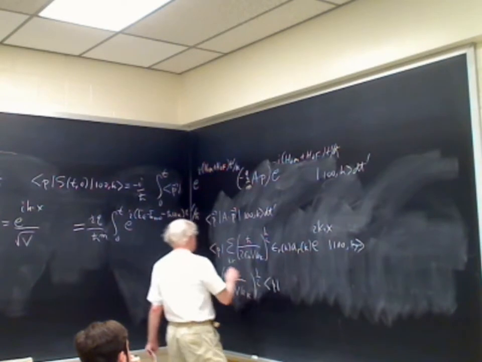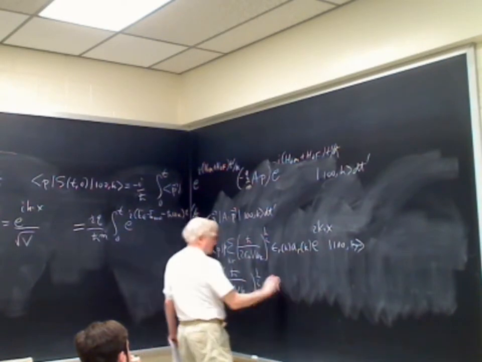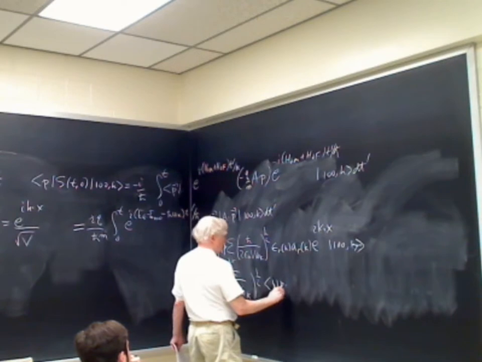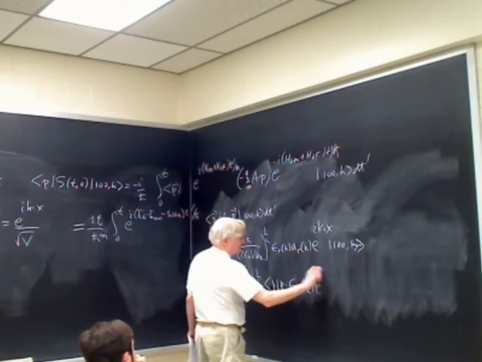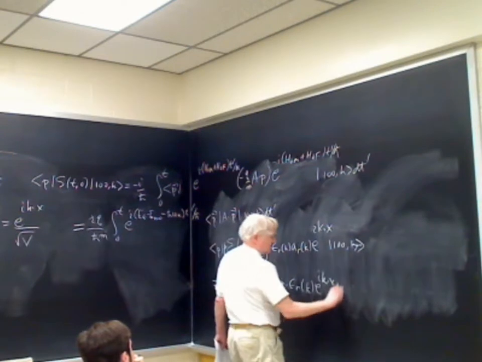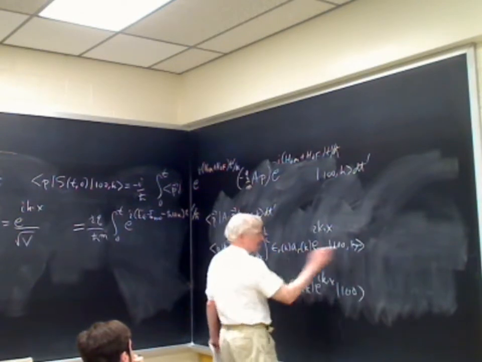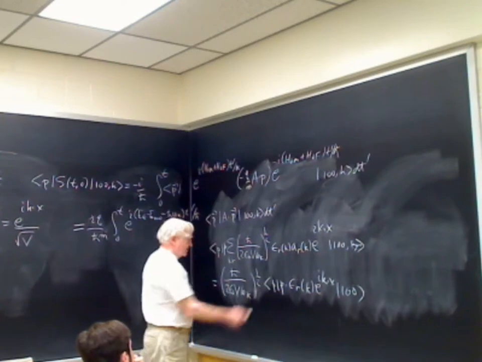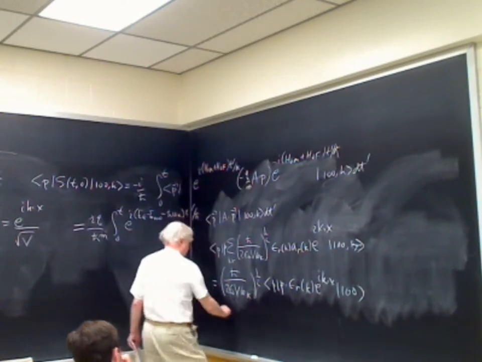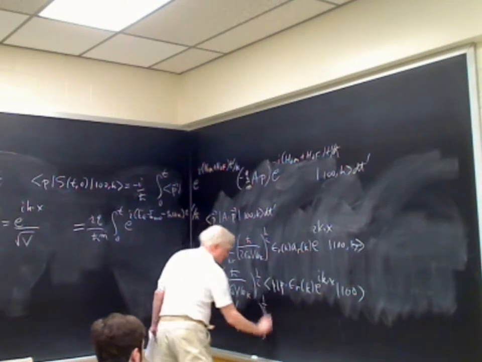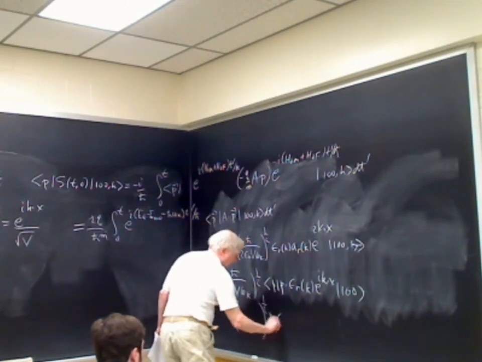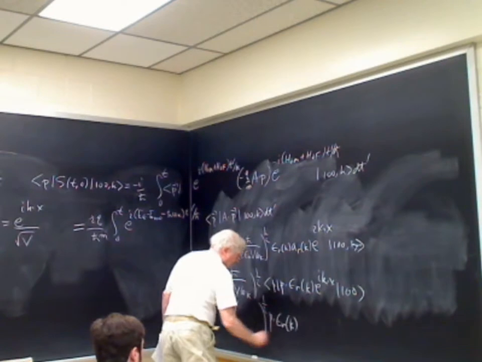I left out the p. P operator dot epsilon_r of k, e to the i k dot x, 1, 0, 0. So this has annihilated that photon. This pulls out the p final. So we get this big square root here times p final dot epsilon_r of k.